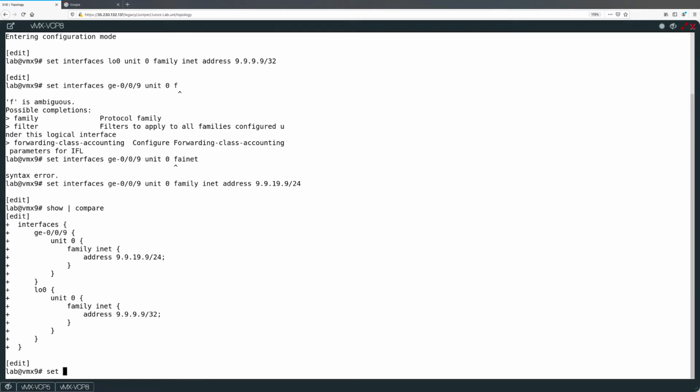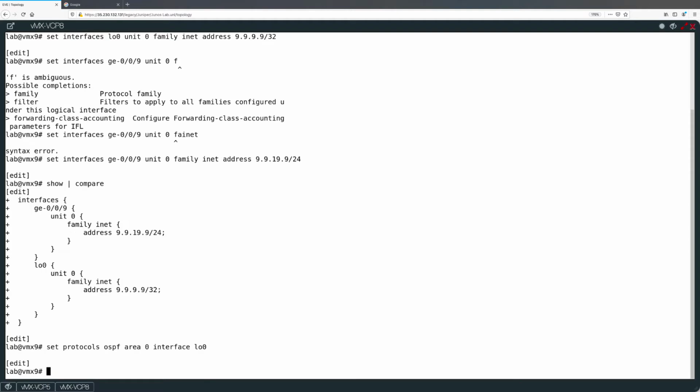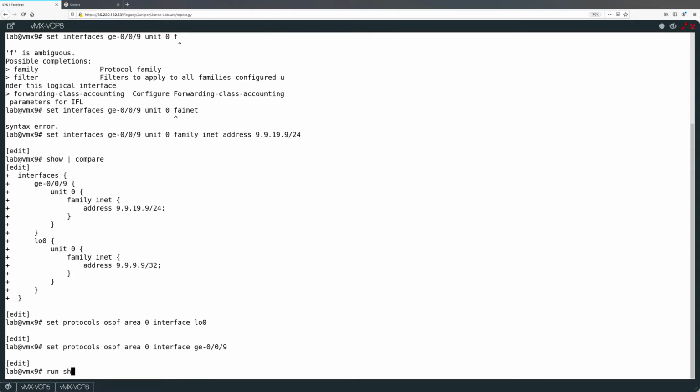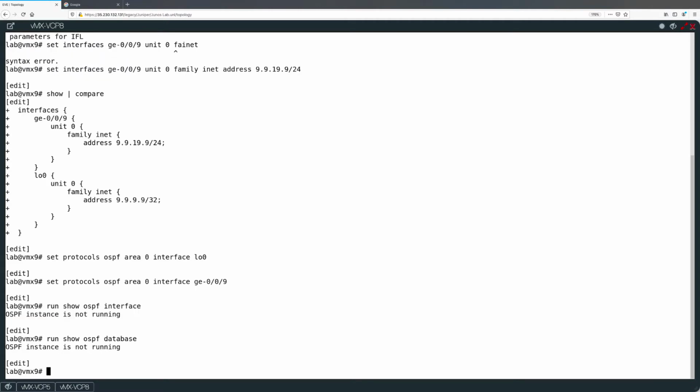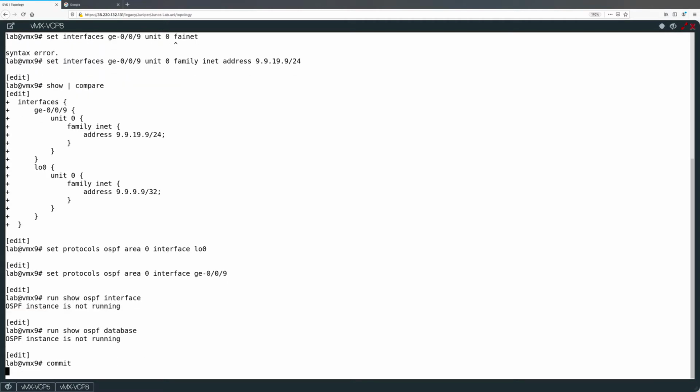Now we'll set up OSPF in area 0 and add these two interfaces to OSPF. We do it under the edit protocols ospf hierarchy in Juniper. I didn't commit the configuration yet, so that's the reason you're not seeing anything. I just want to make sure everything is clear, so I'm going ahead and committing the configuration now.